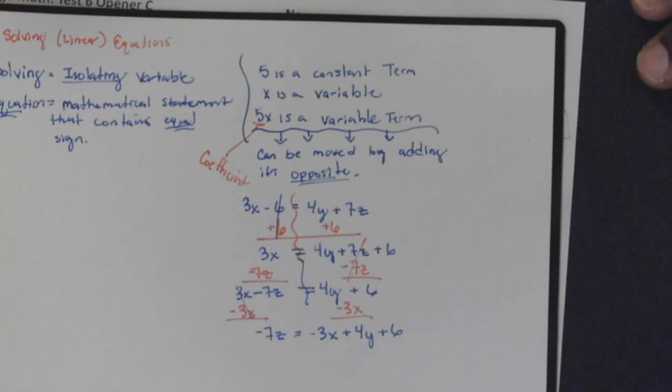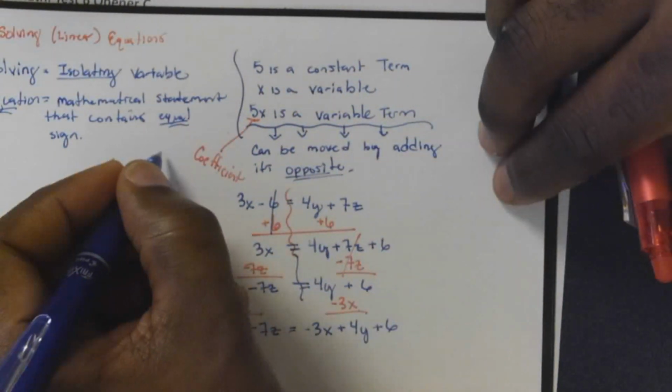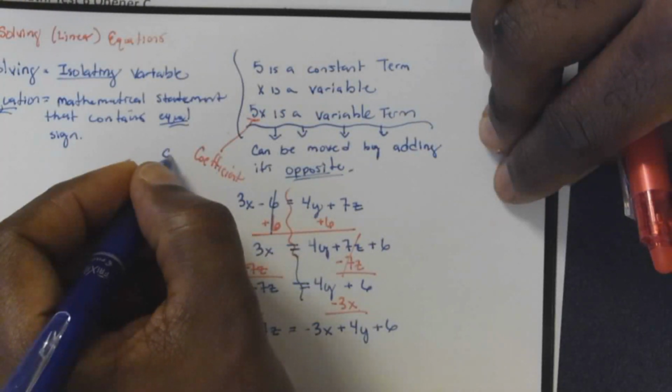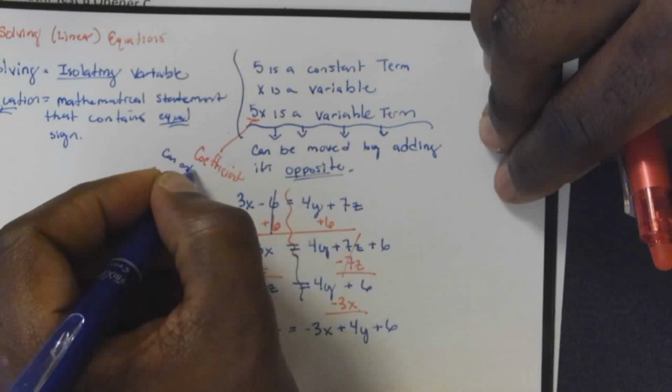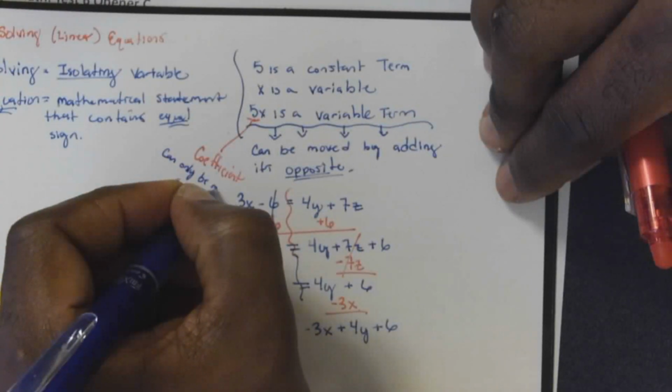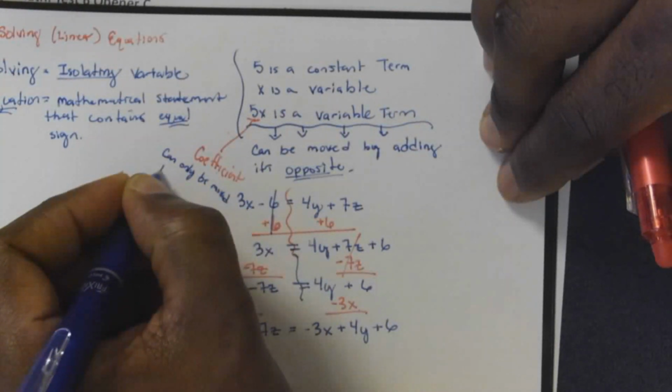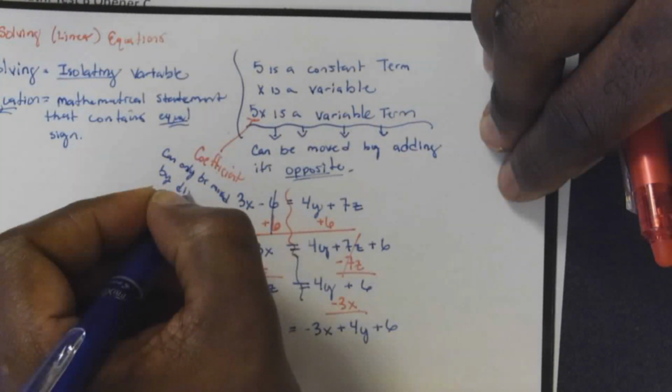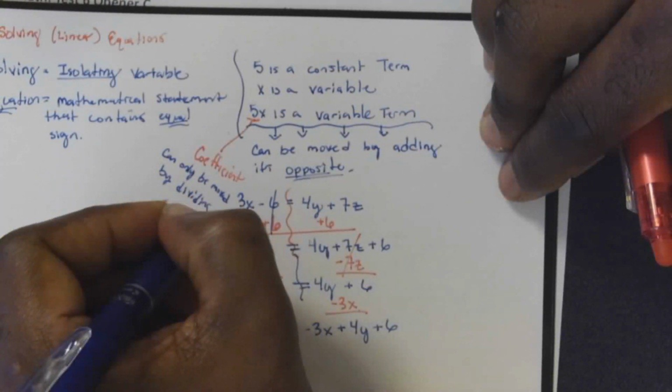All right? I'm going to lie to you. I told you I'm going to lie to you twice this semester. I think this is my first time lying. So the 5 is a coefficient. Write this down. This is the lie I'm going to tell you. A coefficient can only be moved by dividing.